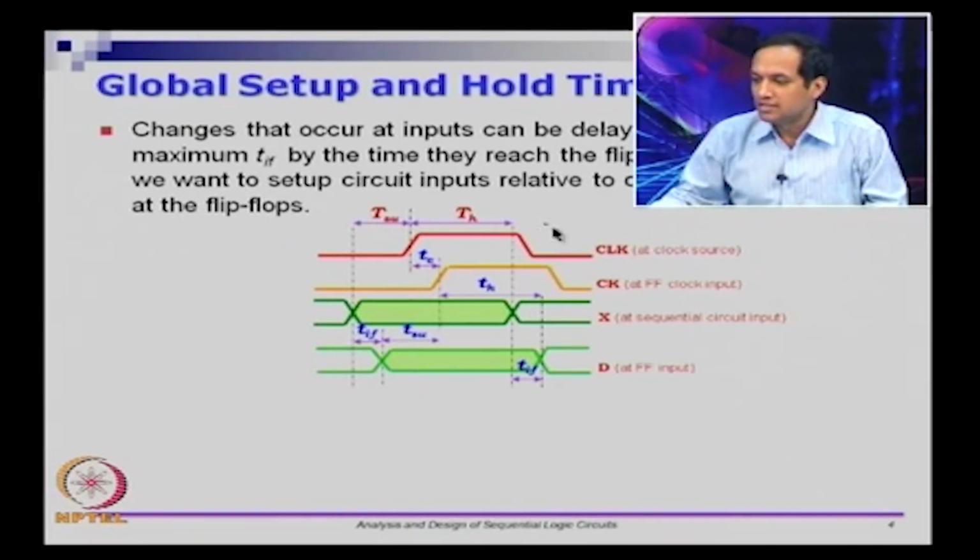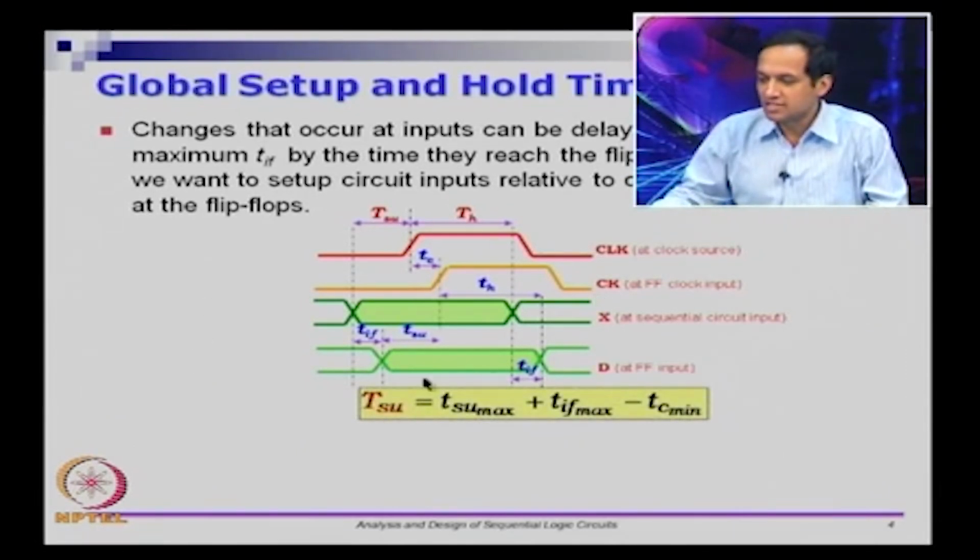So, if you go and look at these parameters here, I am going to write an expression first. So, TSU, the capital TSU is tSU max plus TIF max minus TC min. So, let us look at this. From this line here I want to measure up to here. So, TIF plus tSU minus TC brings me to this edge, right.